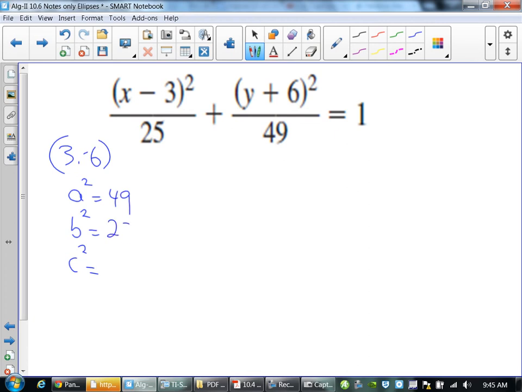C squared would be 49 minus 25, which is 24. Good. So therefore, my a values are going to be plus or minus 7. My b values are going to be plus or minus 5. And then my c value is going to be plus or minus 2 root 6.